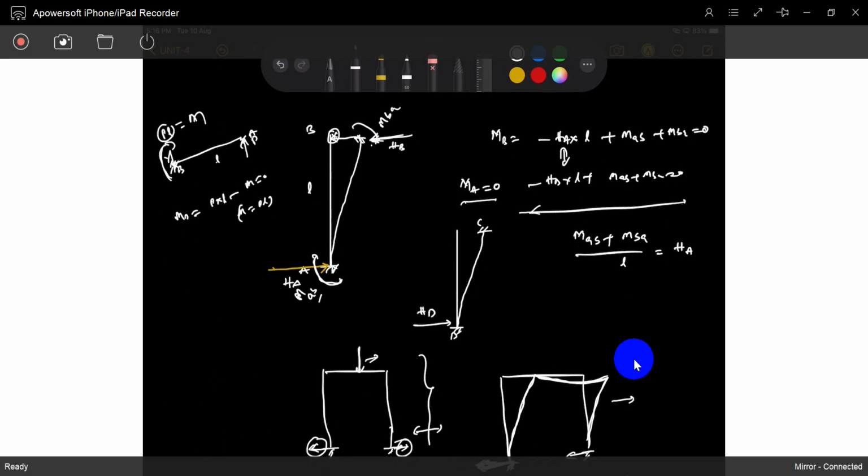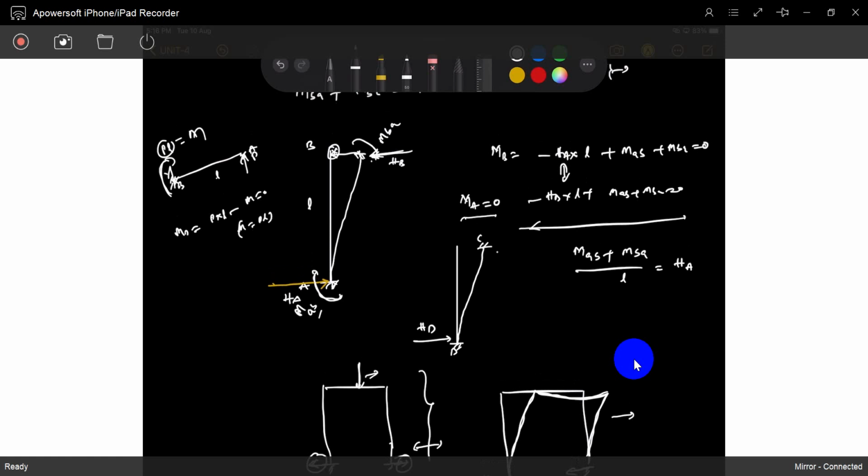So, same, it experiences clockwise MCD and MDC. It has a length L2, and if both are equal, no problem; if a different length is there, same. You write it as HD. If you write moment with respect to D or with respect to C, you can take anything. What will you get? MDC plus MCD divided by L2 is equal to HD.